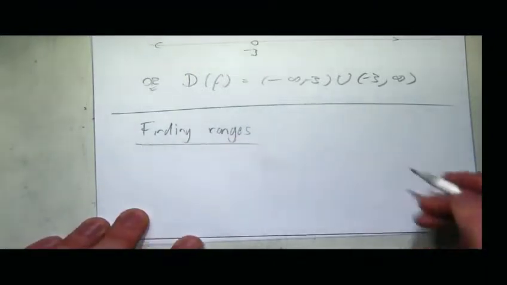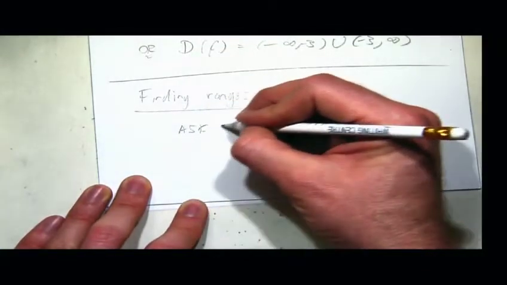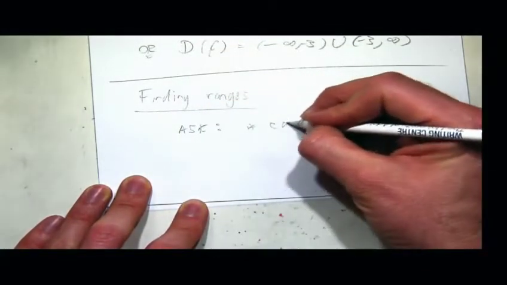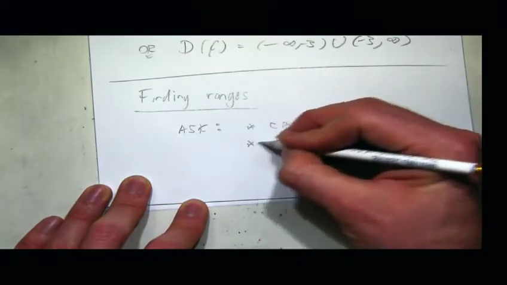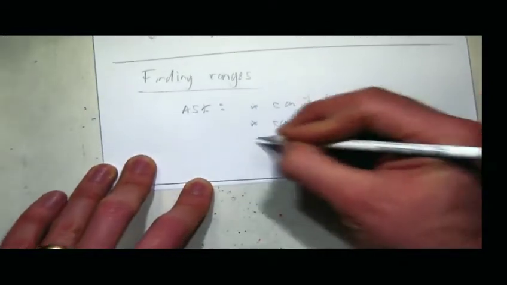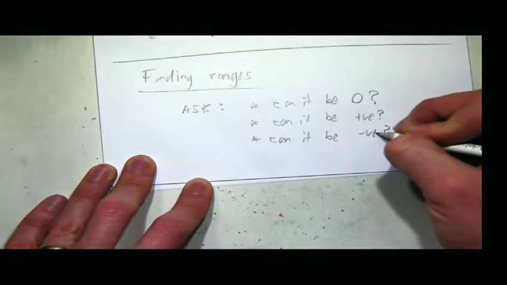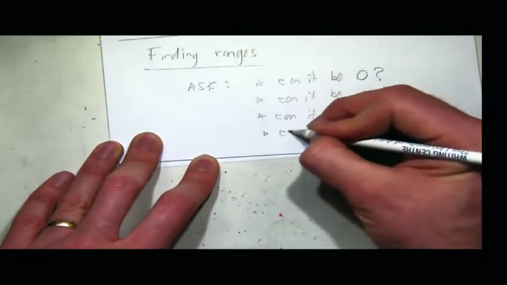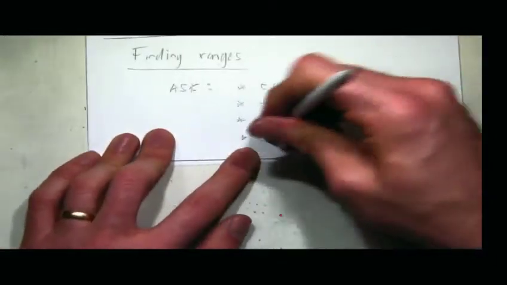And when I find ranges, what I normally do is I ask myself these questions. Can it be 0? Can it be positive? Can it be negative? Does it have a maximum?